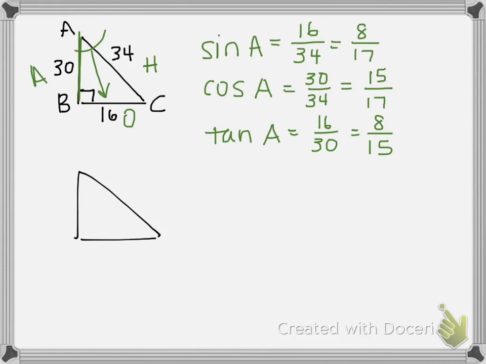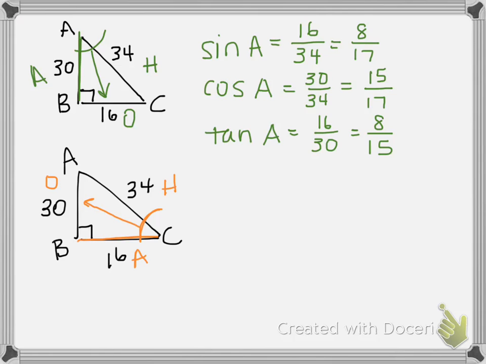Now, we have the exact same triangle, only we want to go from the other angle this time. If we go from angle C instead, we have our opposite side, and our adjacent, and our hypotenuse.